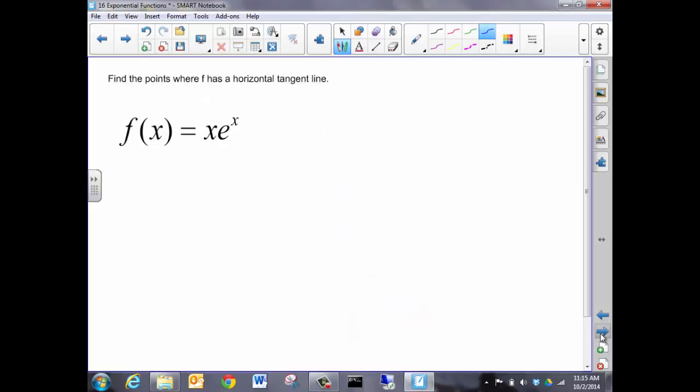Find the points where f has a horizontal tangent line. What does that tell you to do, Yiming? Slope is 0. How do we find the slope? Derivative. So we want to find the derivative, set it equal to 0. We've got x e to the x. Product rule. Why do you think we need to use a product rule?